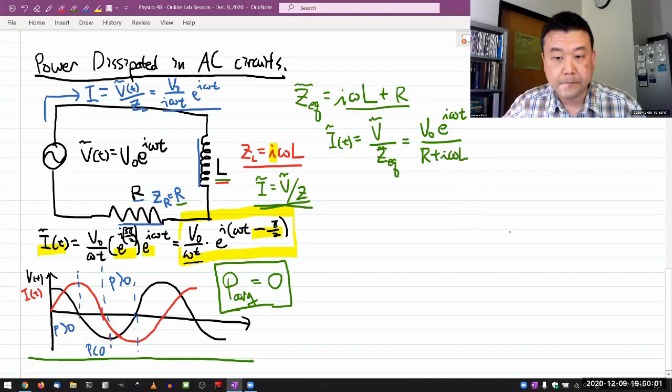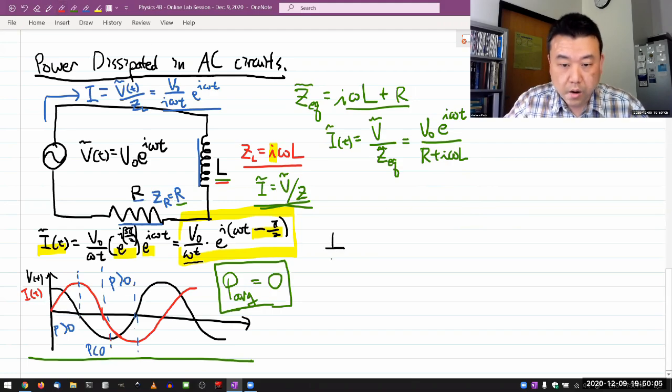When I have a complex number like 1 over R plus i omega L, I can rationalize it to rewrite it into this Cartesian form.